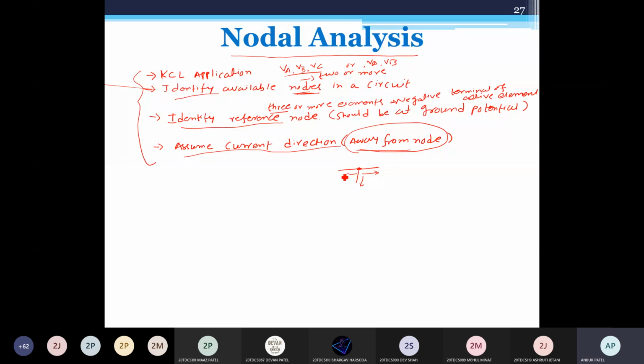Later on, suppose here we have one voltage source connected, and we are considering this direction, but suppose initially it is given as 20 volt. We do not know this VA node voltage. Initially we assume away from this node, but later on we get 50 volt.